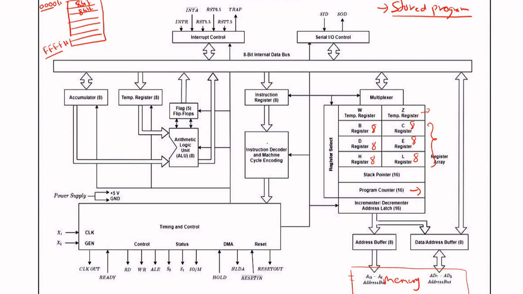Now, if we are supposed to, let's say, add two values present in register B and register D, then those two values are taken via the data bus to the accumulator. One value is taken to the accumulator, and then the other value is taken to the temporary register here.